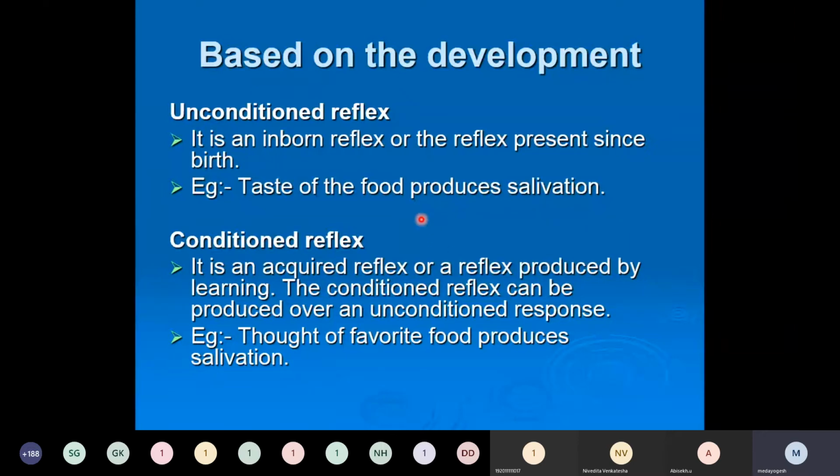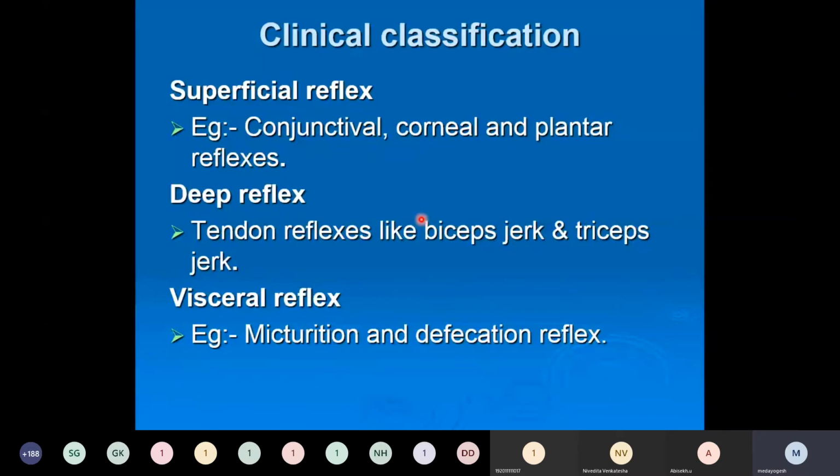Okay, let us continue. Next is the clinical classification. This is what is more important for us as doctors, because tomorrow you are going to elicit all these reflexes on a patient, and they are going to give us a lot of information regarding the presence of a lesion at a particular place.